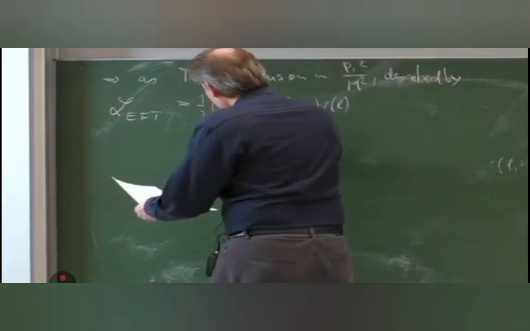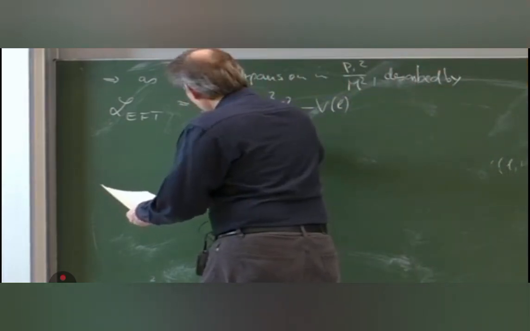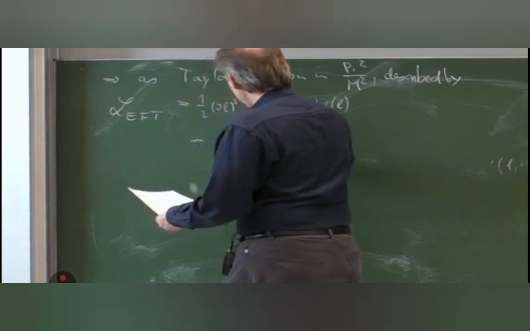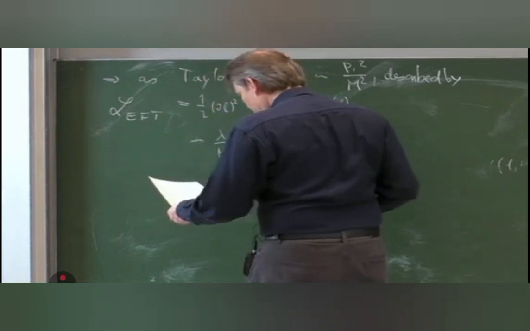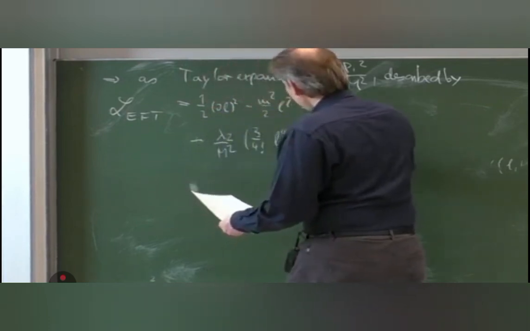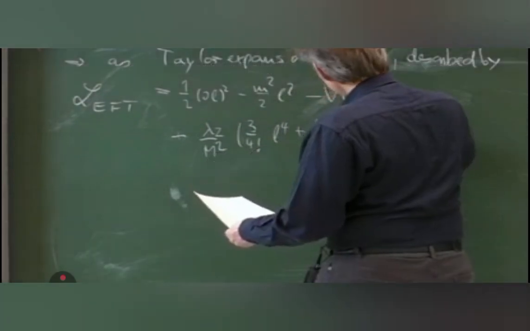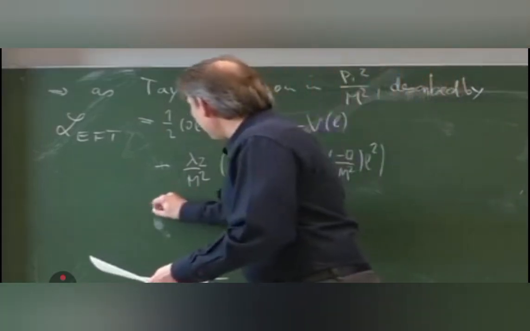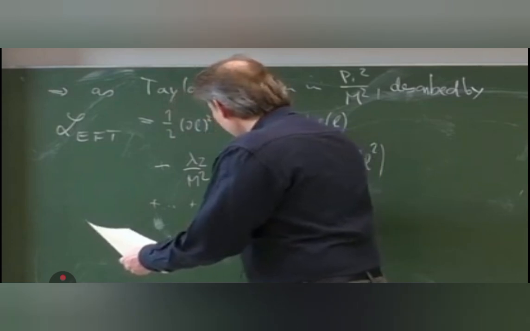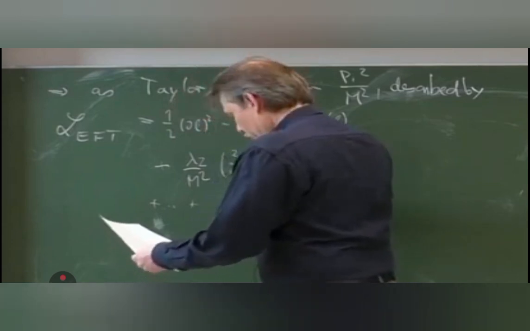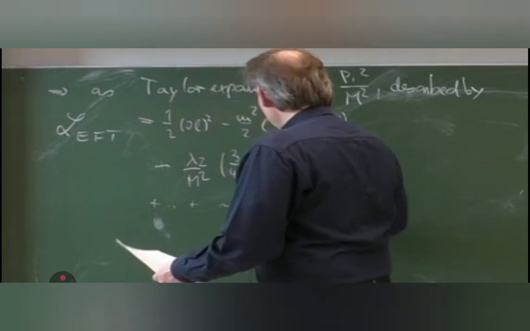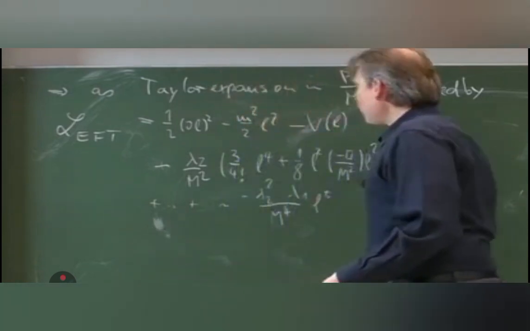And so after some calculation it looks like this: plus lambda 2 divided by capital M square times 3 over 4 factorial L to the 4th power plus 1 over 8 L square minus D'Alembert divided by capital M square acting on L square, and plus some other terms, and let me write just one term that we have found, minus with an unknown prefactor lambda 2 square times lambda 1 divided by M to the 4th power times L to the 5th.